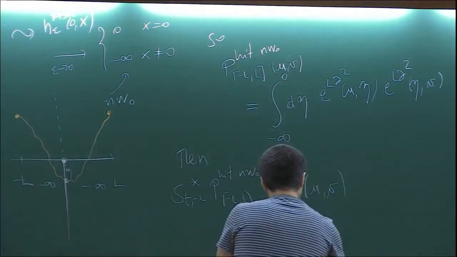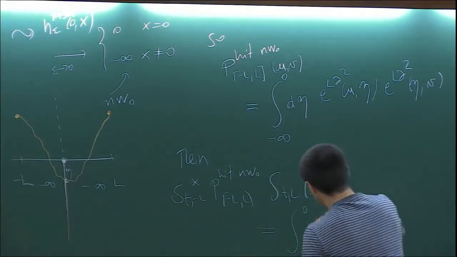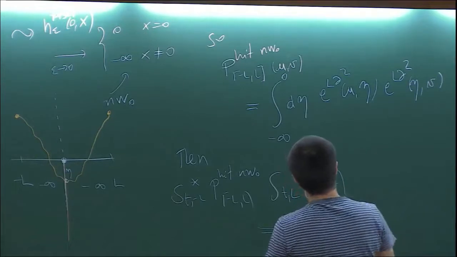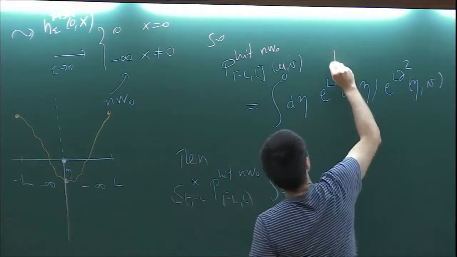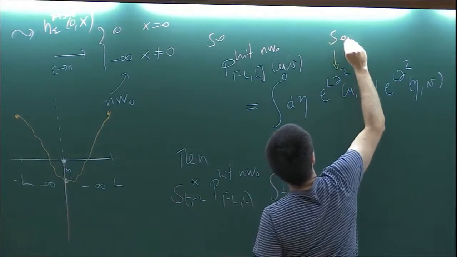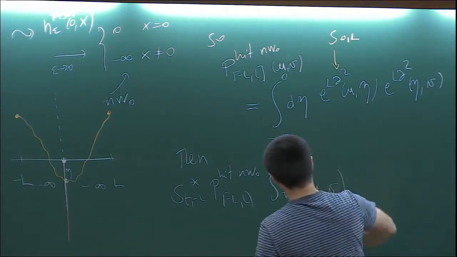So I get the integral from minus infinity to 0 d eta, and then this is nothing but S0 L. Remember that when L is positive, this is allowed, even if t equals 0. No, inside it's L. Oh, yes, thank you.